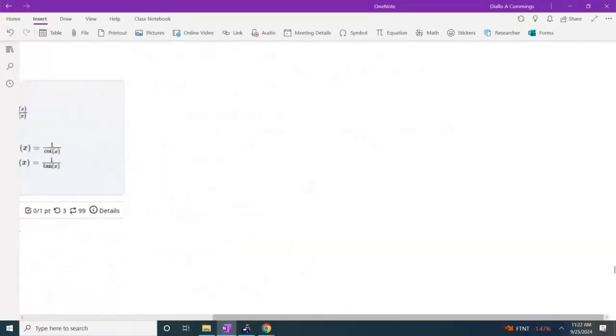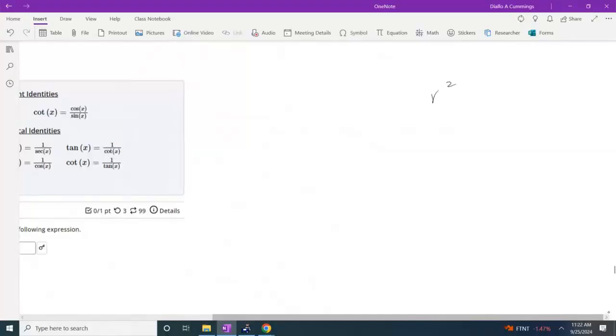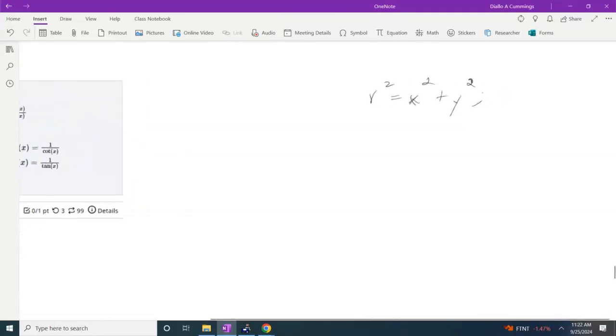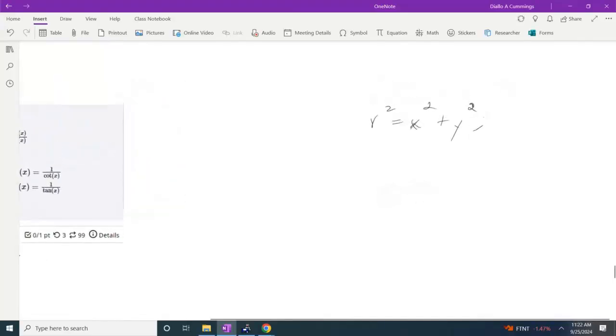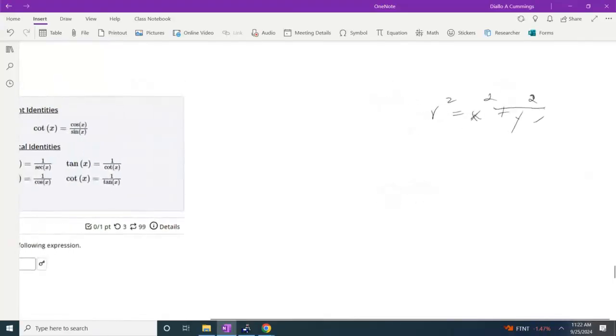This does not want me to slide it over for some reason. R squared is equal to x squared plus y squared. Let's say this time I divide both sides by x squared.